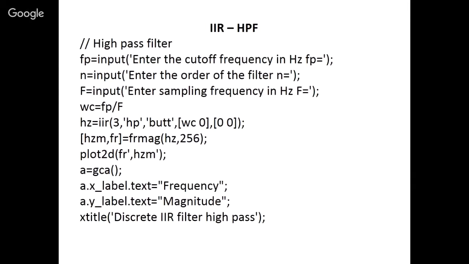In a similar way I have written that it should be HP, and then the Butterworth filter we have used, and WC0, that means only one cutoff frequency we have given, and similarly we have calculated the high pass filter, right? So this type of filter, if we run in the SCILAB environment, you will definitely get the high pass filter response and all these things.